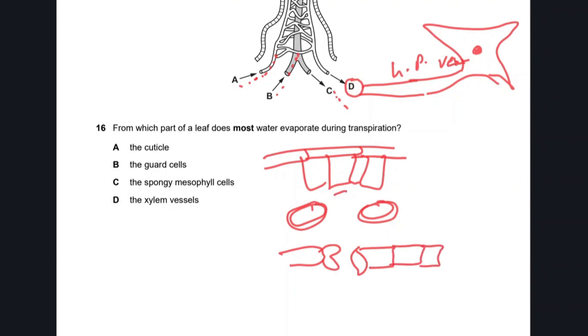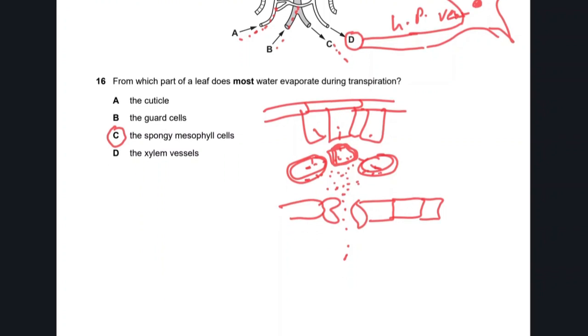The water from the xylem enters into the mesophyll cells, and from the wall of the spongy mesophyll cells the water vaporizes and these vapors diffuse out through stomata. So the spongy mesophyll cell is that area where water changes state from liquid to gas and vapors are formed.